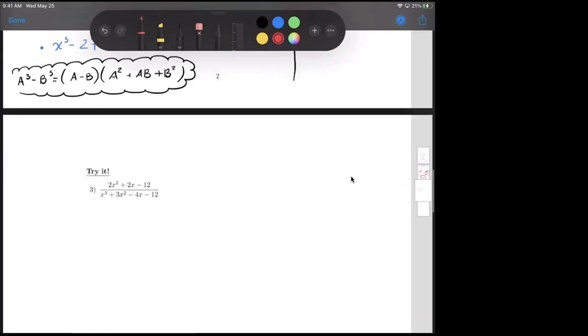Let's see if you have the same thing I do for the top. For the top, I'm going to factor out the 2. So what's left is x squared plus x minus 6.